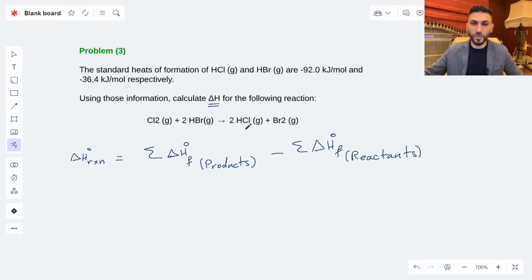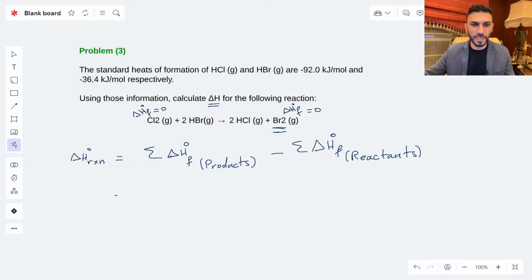Now, don't forget that for the diatomic molecules, or when they are in the most stable states, it's going to equal to 0. So for this one, delta H formation standard equals to 0. And for the Cl2 also, delta H formation standard also equals to 0.